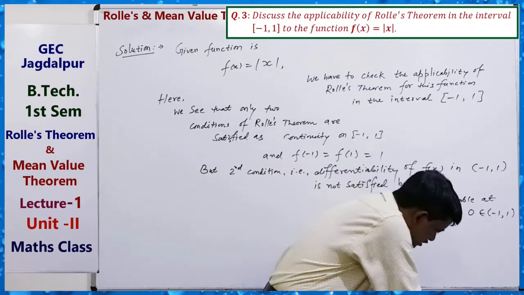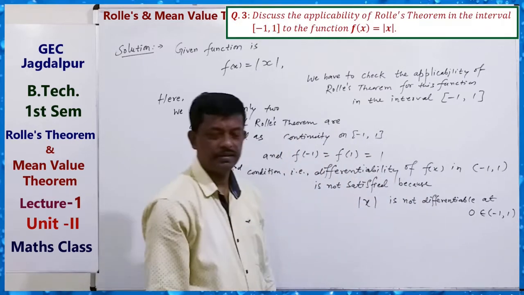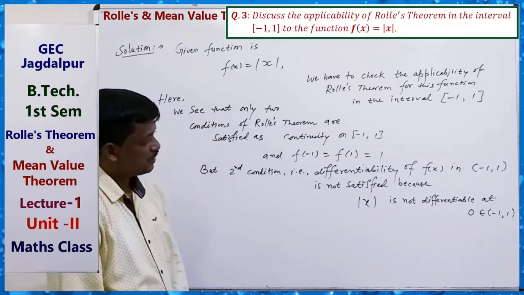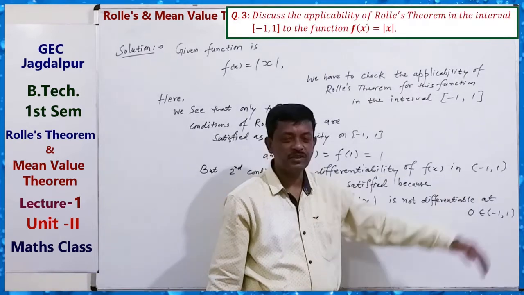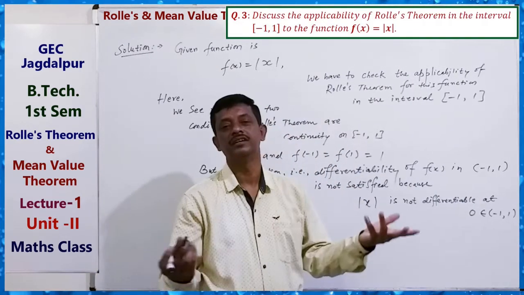Okay. Clear? So because 0 lies between -1 to 1, there is a point at which the function is not differentiable.